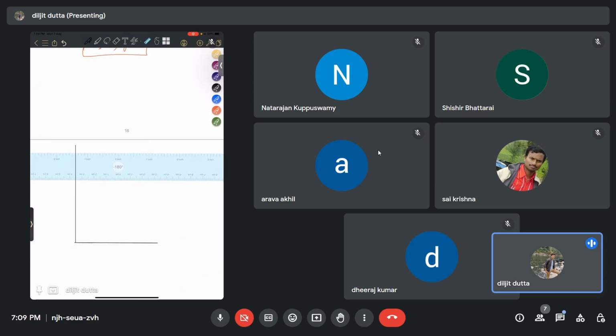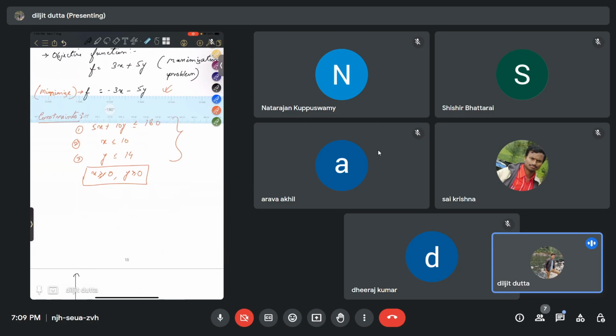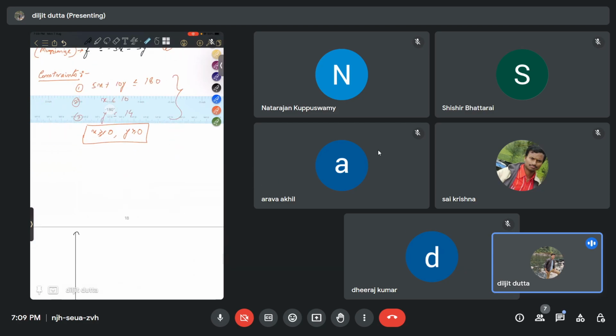It's not to scale obviously. If y equal to 0, x is equal to 36.